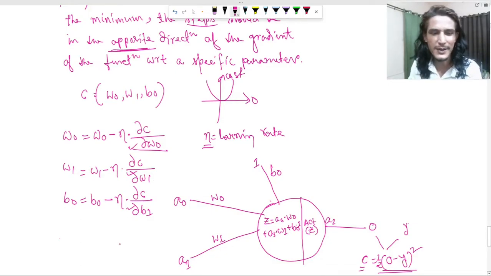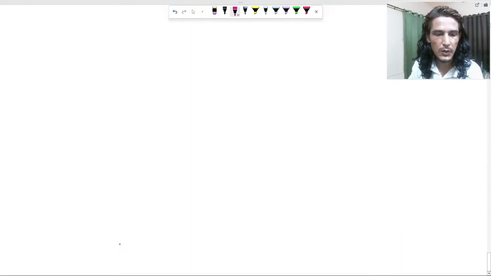Okay, but before writing the program, let's first summarize what exactly we want our program to do. The first thing is that we'll have eta, the learning rate. This is a hyperparameter, let's fix it at 0.01 or something. You can change it later on. And then you have something called epoch.